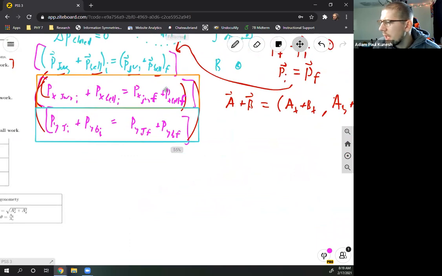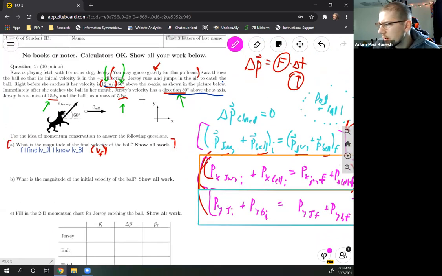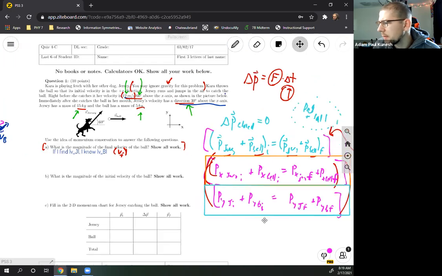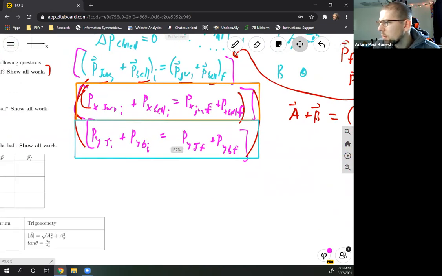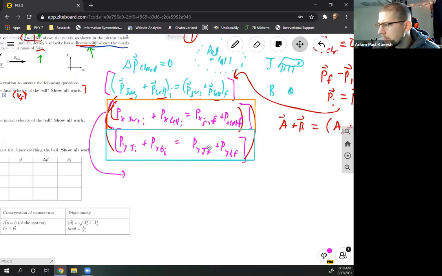Okay, so the x component, first of all, notice Jersey is going 60 degrees above the x-axis. She's going 12 meters a second. So we know Jersey's initial momentum perfectly. So I'm going to do the x component first. Jersey's mass is 15 kilograms, right? Yep.